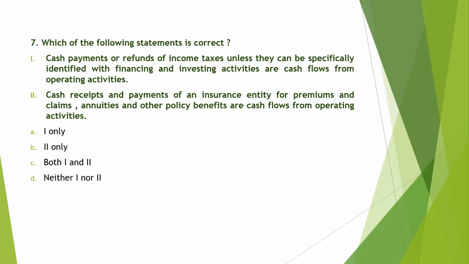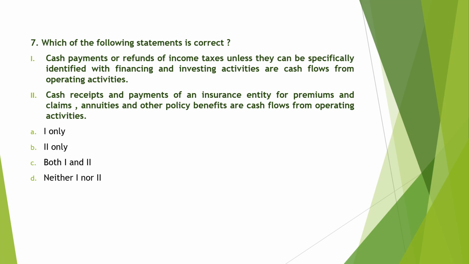Cash payments or refund of income taxes, yung income taxes paid by the entity and then yung income taxes received by the entity dahil merong tax refund, classified general rule as operating activities. Since the income taxes is part of the computation of the net income.